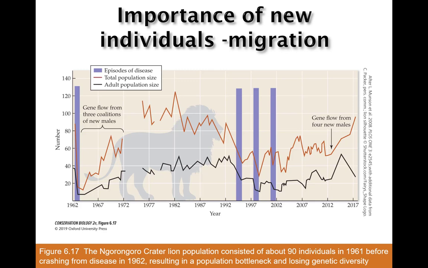But gene flow then occurred from the arrival of new males, and really facilitated a recovery of that population. And then that peaked in the 1980s, and then collapsed again down to 34 individuals for some time. Later, they suspect that more males arrived back into the crater and increased the genetic diversity again, and now they have a greater population.